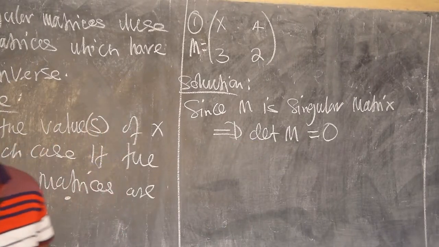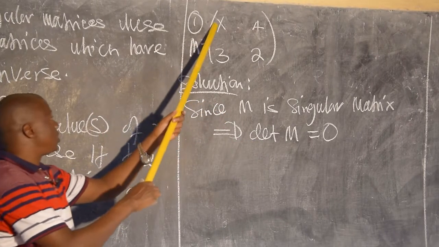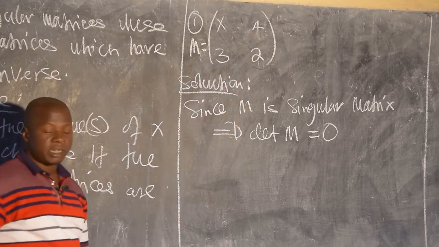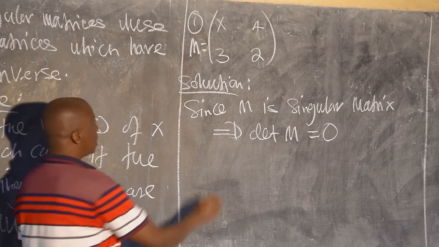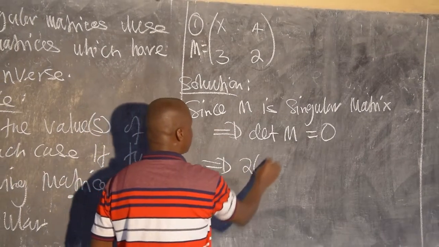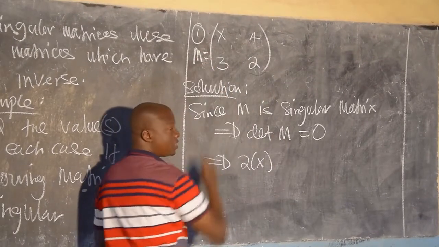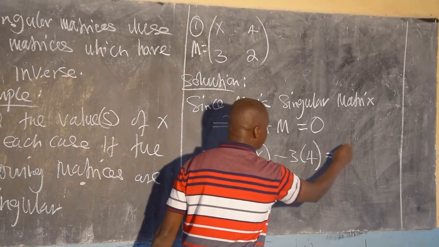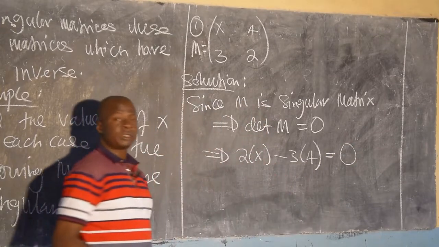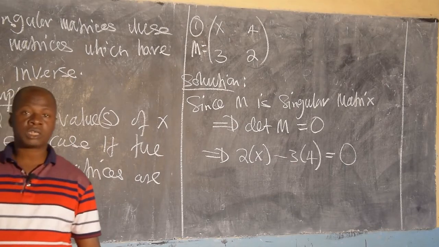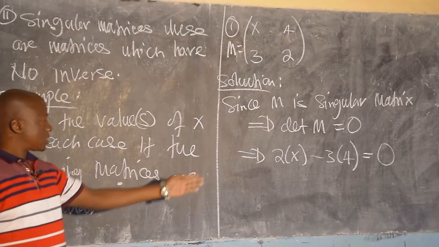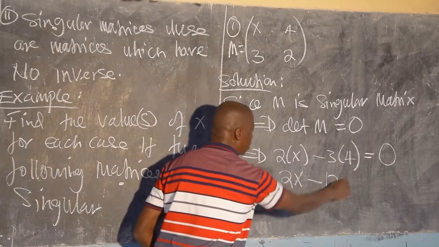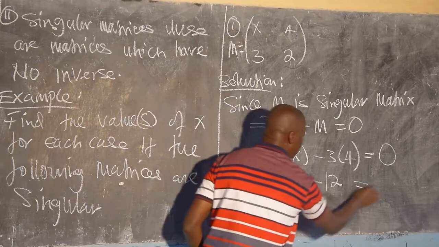The determinant is given by product major minus product minor diagonal. So let us say that 2 into x, that is our major diagonal, minus 3 into 4, the answer is 0. Why is it 0? It's because it is a singular matrix. By multiplication, this is 2x minus 12 equal to 0.